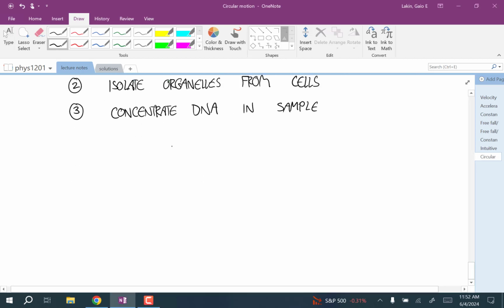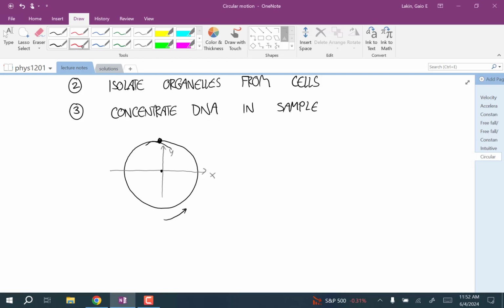If you imagine the motion of a sample from above, and let's say we're thinking about this point right here, and let's say it's going around this way. Our coordinate system isn't really going to come into this, but I'll draw it anyways. Well, we know that the velocity is this way.